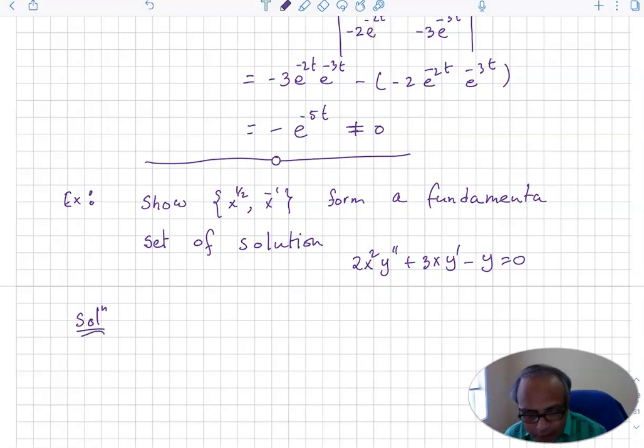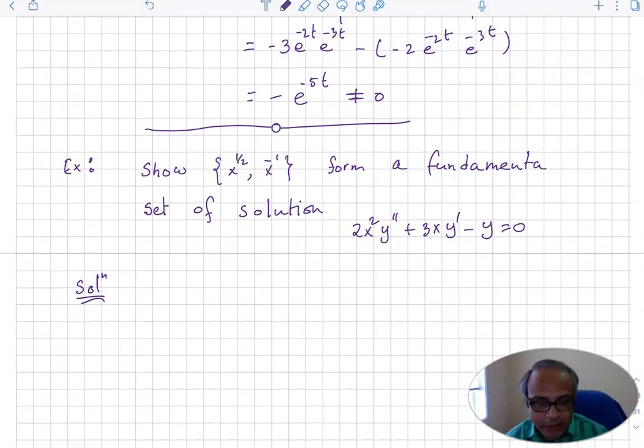So in this exercise, prime denotes a derivative with respect to x and y is a function of x, and I have given two functions, x to the power half and x to the power minus half. So what I'm going to do is, first I'm going to check as before whether they form a solution.